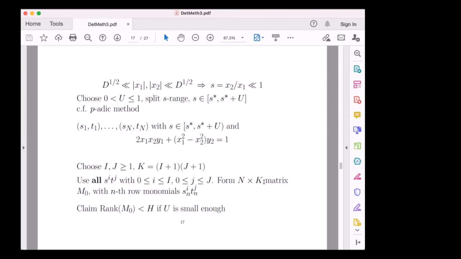And then we form the N by K matrix with rows corresponding to the different indices here, and columns corresponding to the different monomials here. So this matrix M0 will have its nth row consisting of monomials S_n to the i, T_n to the j.